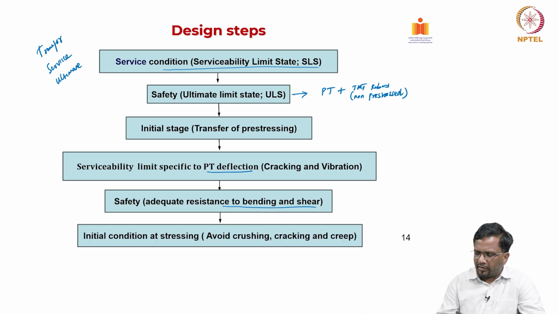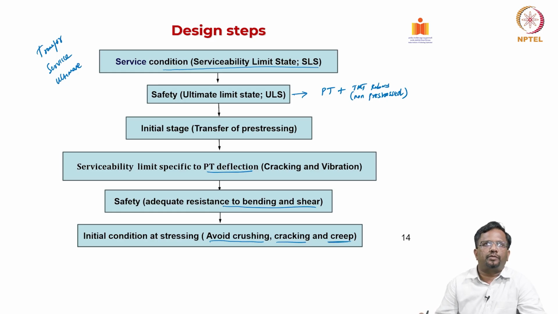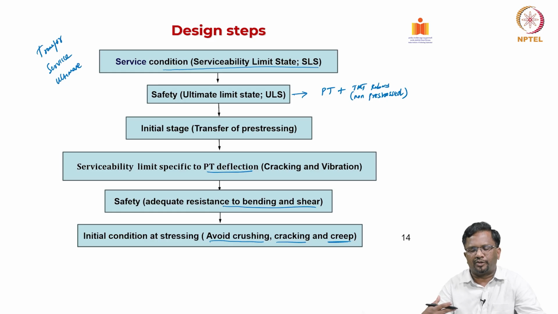Now, for the initial condition and stressing, while you do the transfer or apply the pre-stress, we have to be careful not to create localized crushing or cracking at locations away from the pre-stressing cable, and the creep effects also have to be considered. These are the typical design steps that we check for.